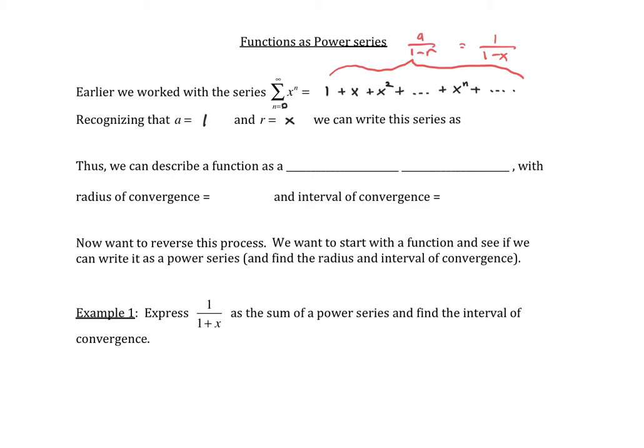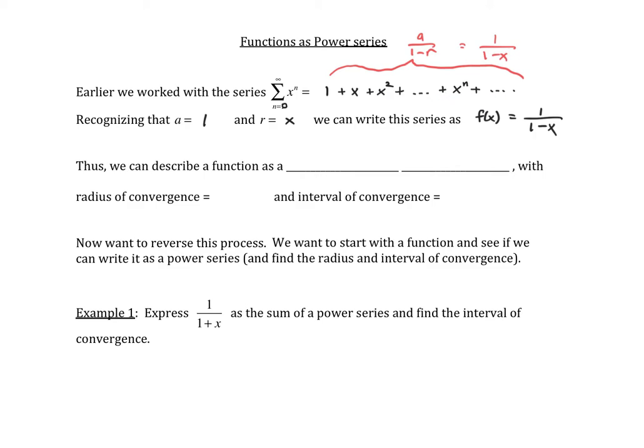Okay, so I'm just going to rewrite that down below. We can rewrite this series as a function, so we're going to call it f of x, and that's equal to 1 over 1 minus x. So this is our first example of writing a function, 1 over 1 minus x, as a power series.